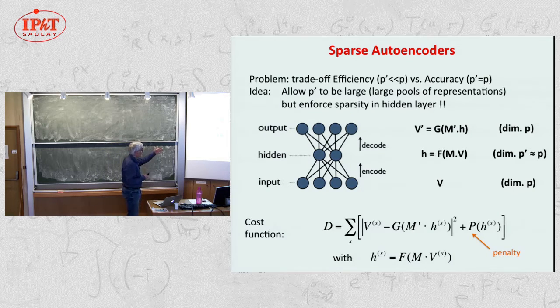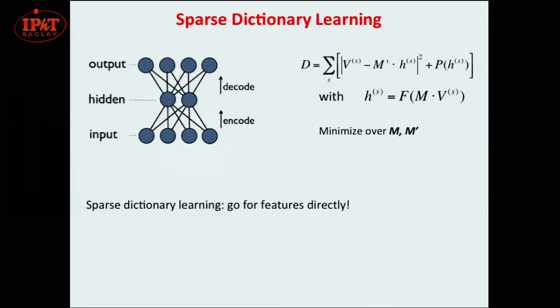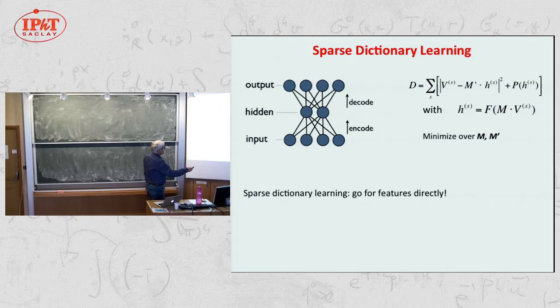And in fact, the next step is to go to what is called sparse dictionary learning. This is essentially the same idea, except that we can forget about this condition here and say, okay, I have some inputs here. I'd like to find some representation in this hidden layer, such that from my representation, I can reproduce the inputs, but this representation has to satisfy some constraints, like sparsity or whatever I want to impose.